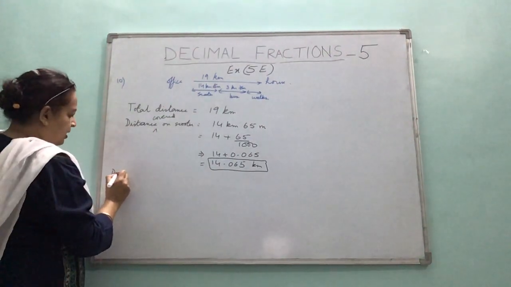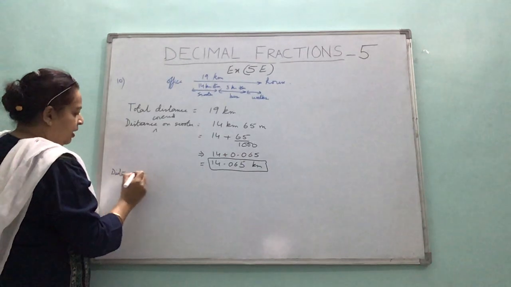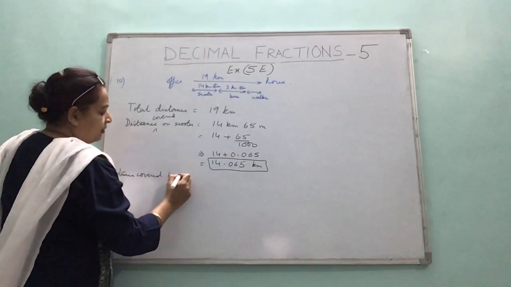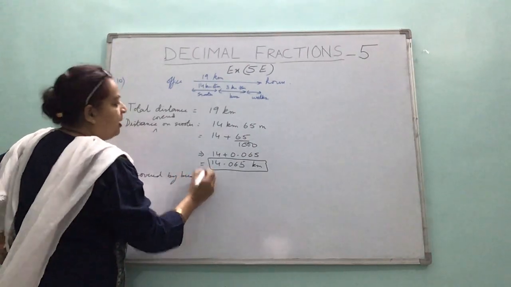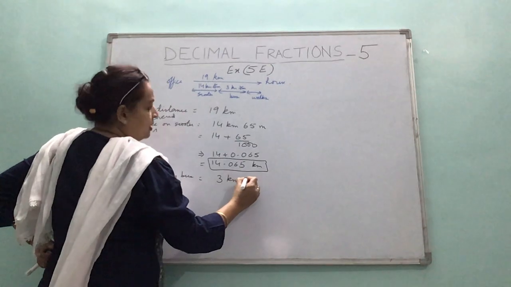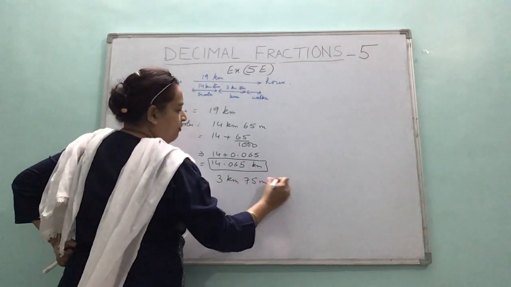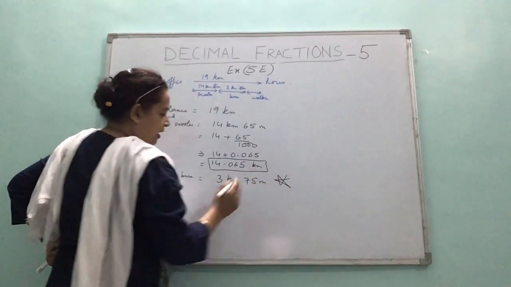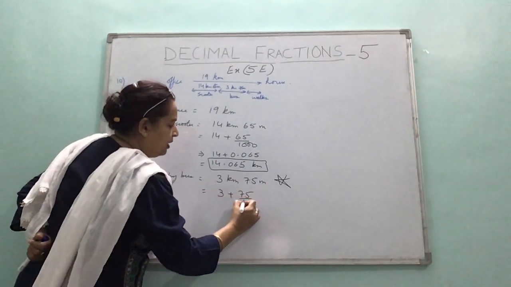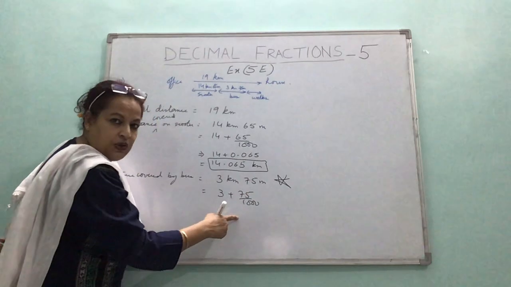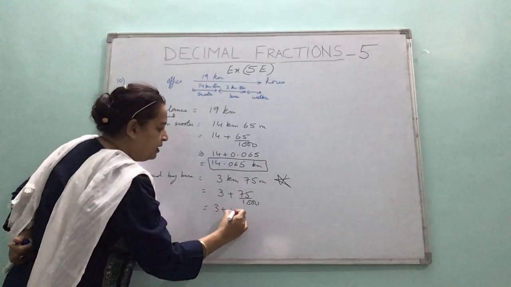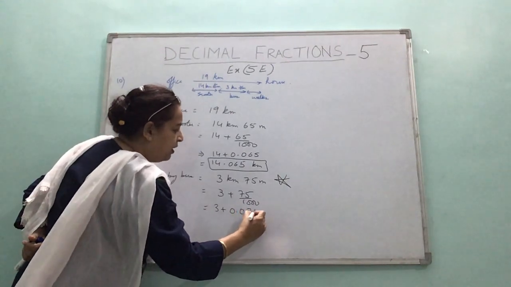Next statement. Distance covered by bus. So next he goes by bus. It is 3 kilometer, 75 meter. Again children, a warning here, or be very careful. So 3 plus 75 by 1000, meters is converted to kilometer. 3 plus 3 places 0.075.